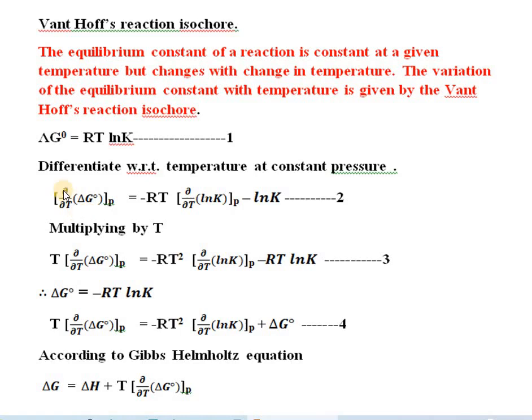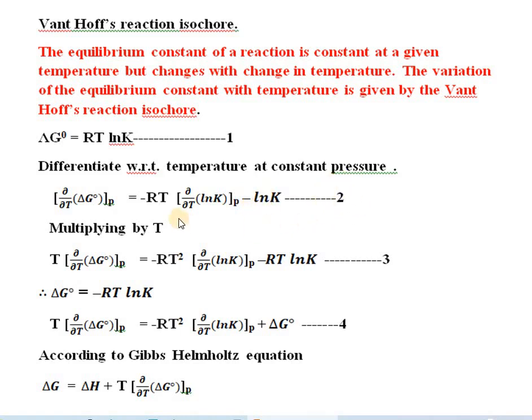Therefore, del delta G0 by del T at constant pressure is equal to minus R times the bracket T del ln K by del T at constant pressure, plus ln K.